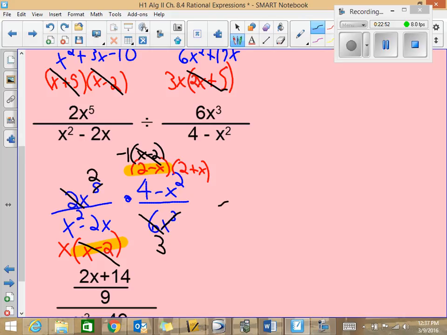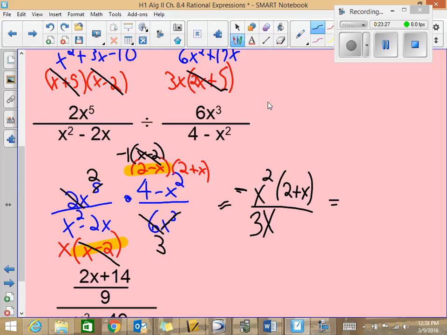So now, if we collect what we have left, we have x squared, negative 1, and we have a 2 plus x. And on the bottom, we have an x and a 3. So are we done yet?